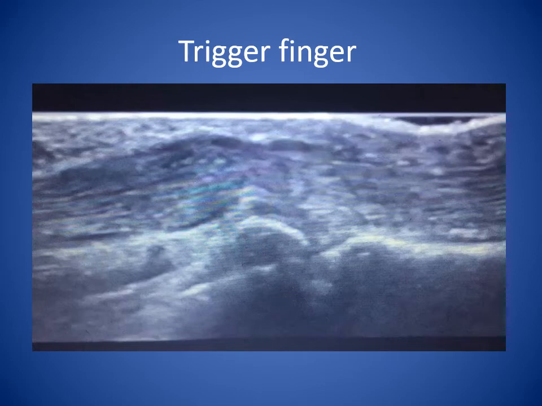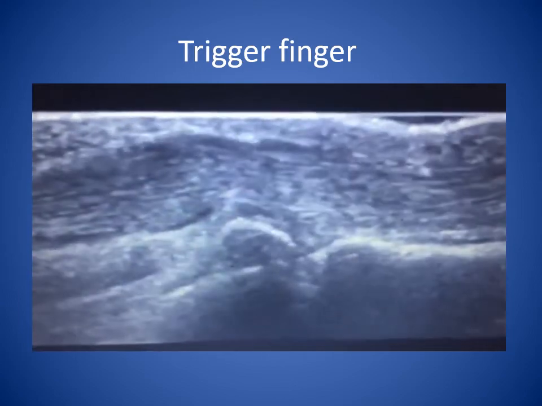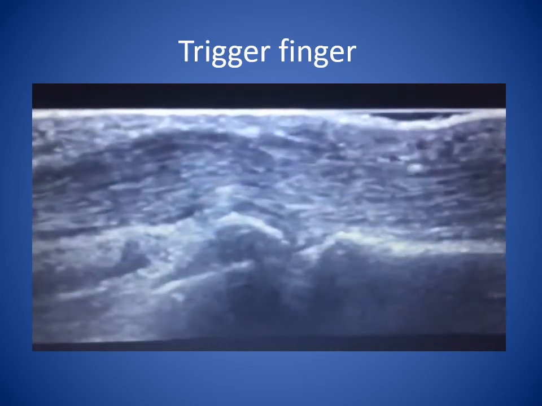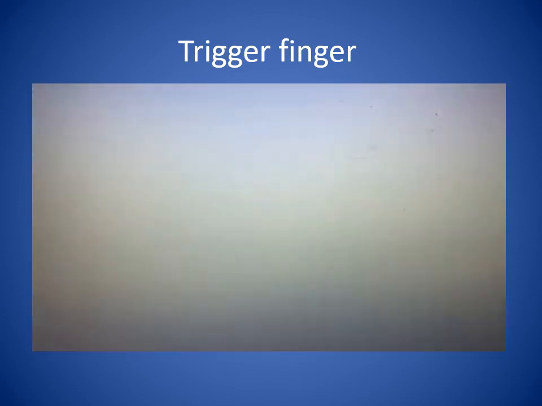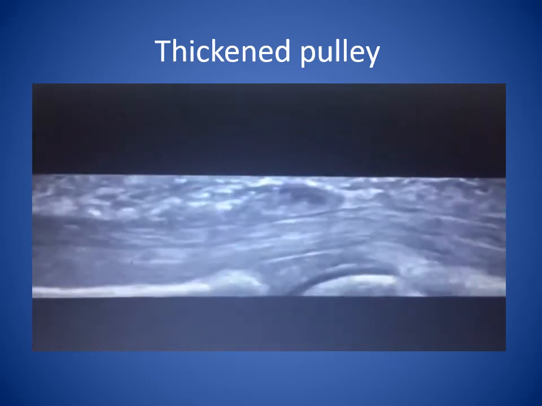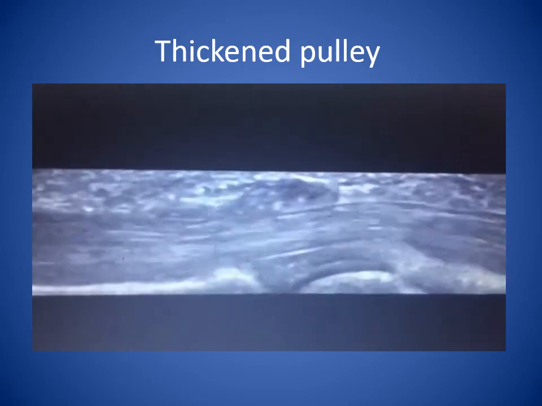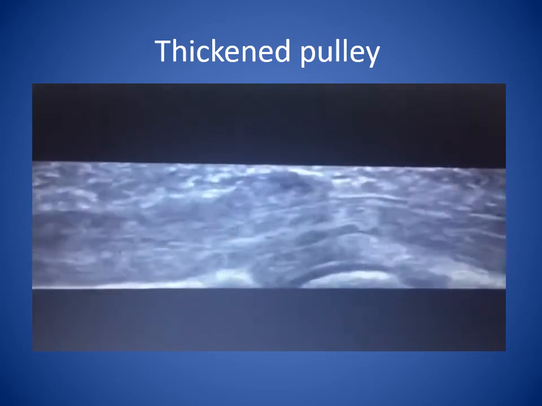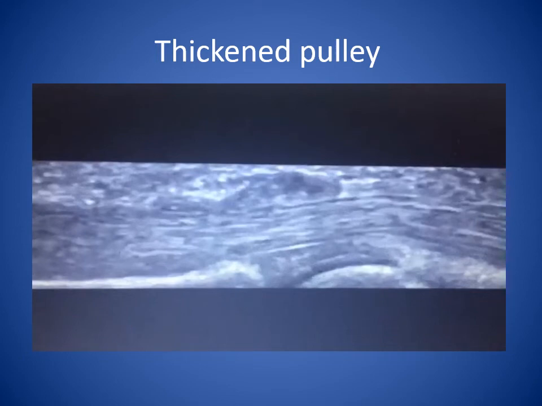We can do a dynamic study by also doing flexion and extension of the distal interphalangeal joint, where we see the tendon is moving with difficulty. Here is another example with the pulley seen much more thickened, while the tendon is more or less moving better than in the previous case.